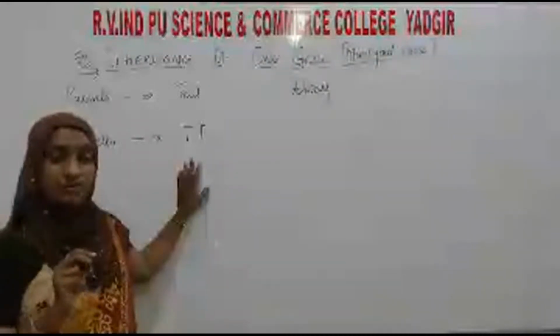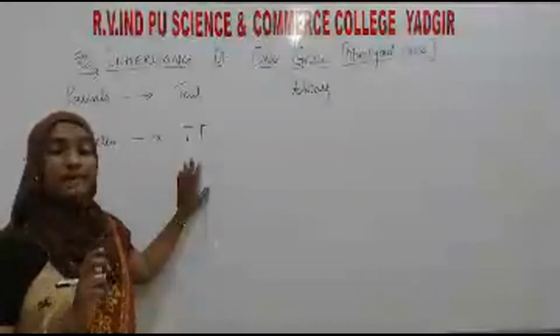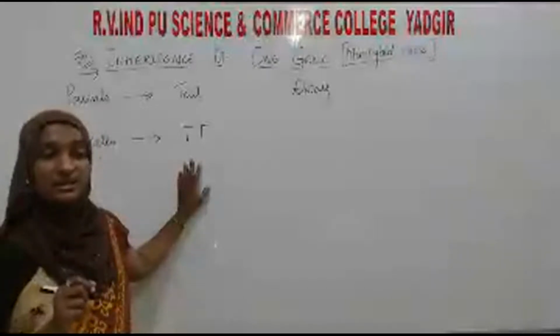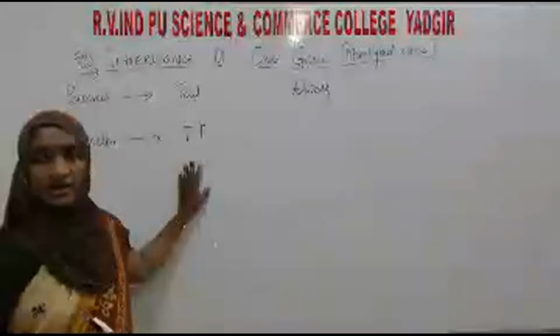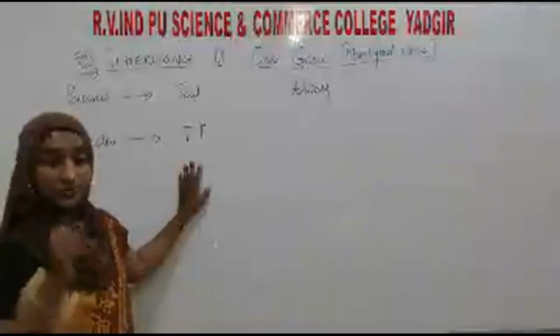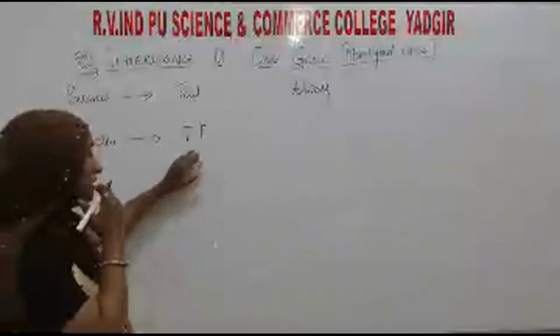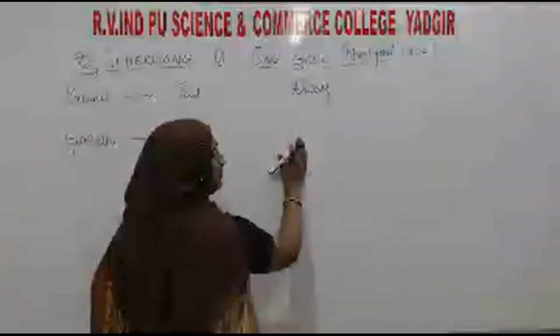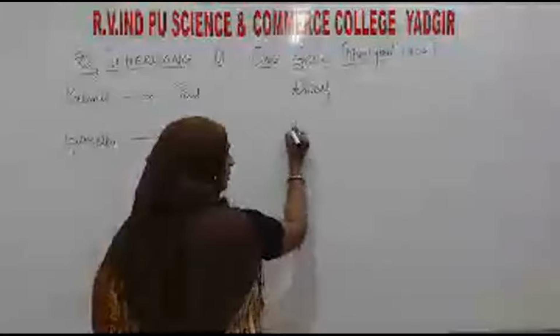Because on a chromosome there will be present a pair of genes, that we call alleles. Just now I told you. So see here, capital T, capital T. And what is the gamete for the dwarf plant? Small t, small t. These are the gametes.